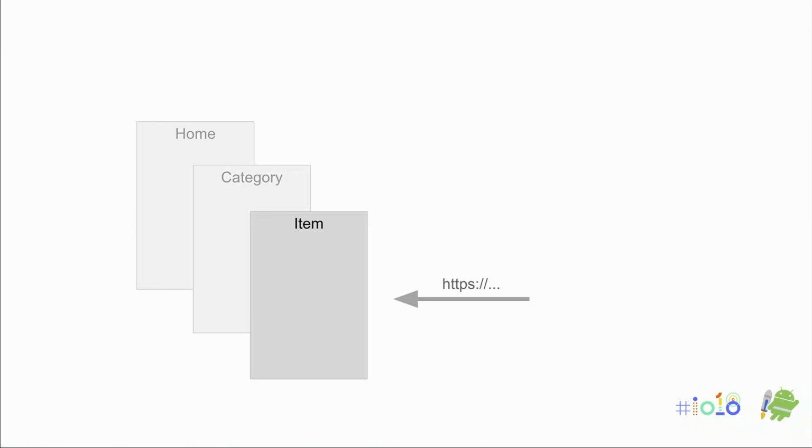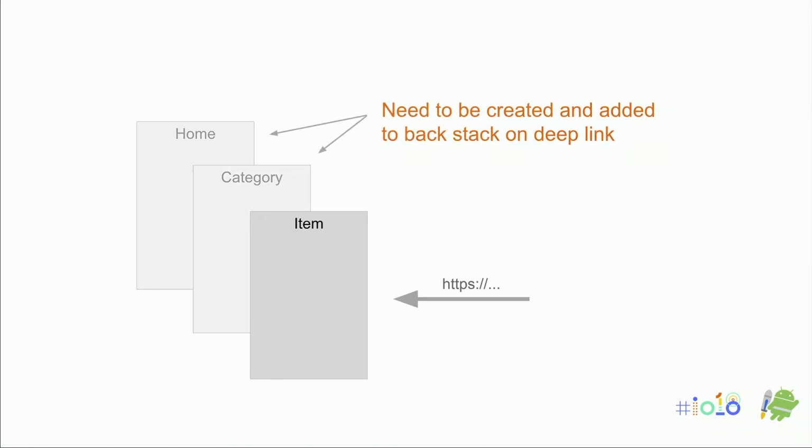That means that if someone deep links into the app, we need to synthesize these screens and add them to the up stack before showing the item screen. A third-party developer told me that when you're in the middle of writing the code to synthesize these screens and add them to the up and back stack, but only on a deep link, that's when you start to feel like maybe you're solving a failure of the framework.